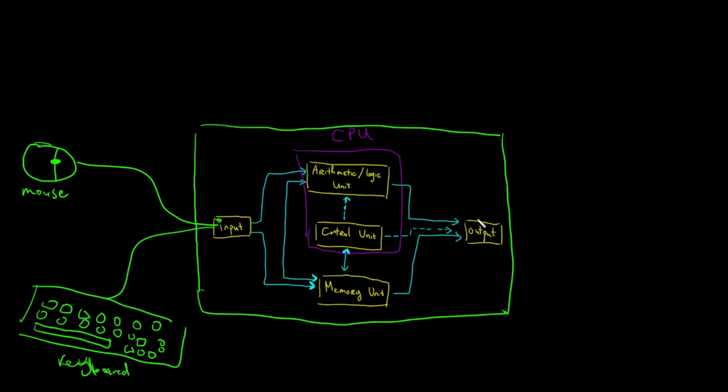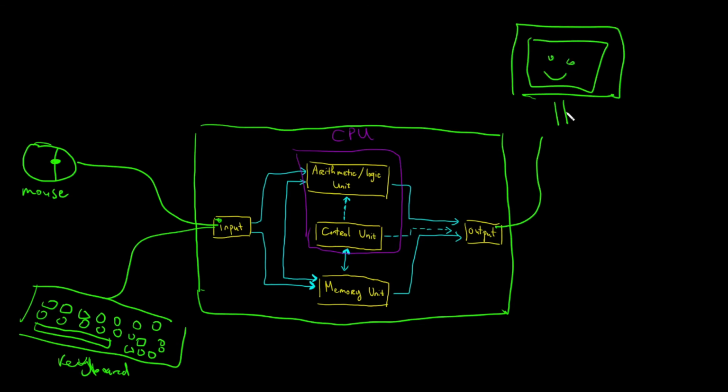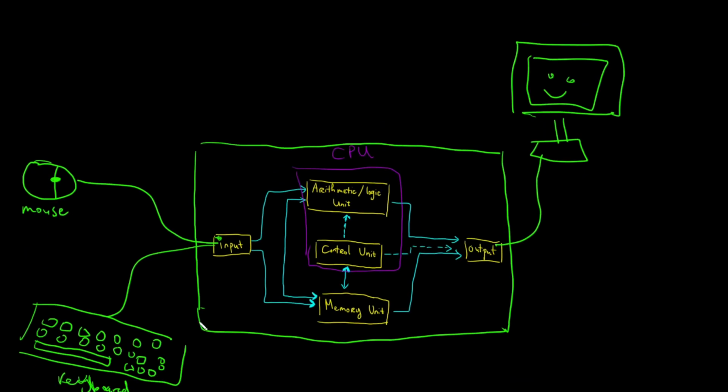This is input. So what about the output? What do you put for the output of the computer? It can be your monitor, the computer screen. You have the screen for sure, right? So this is the general thing that you can think of.